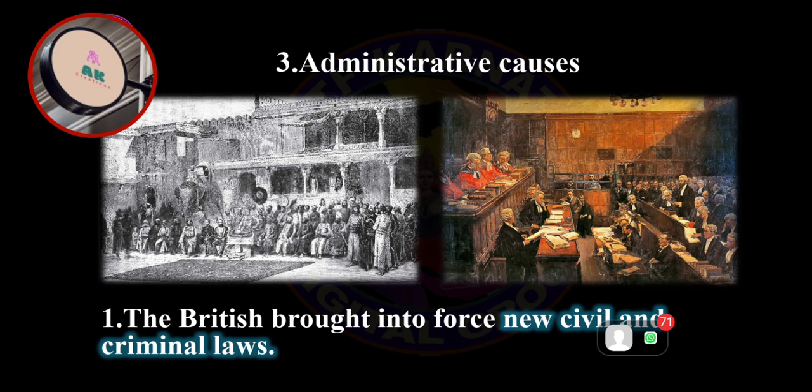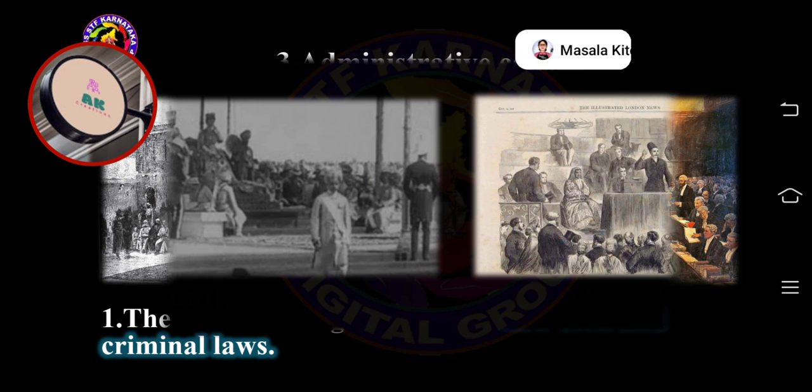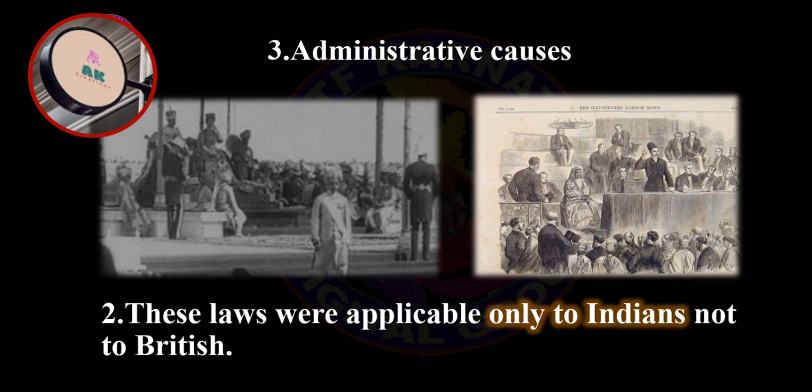Indians had to accept them without any delay. And the second is the laws were applicable only to Indians, not to British. I told you, if some criminal cases happen, it is only for the Indians, not for the Britishers.